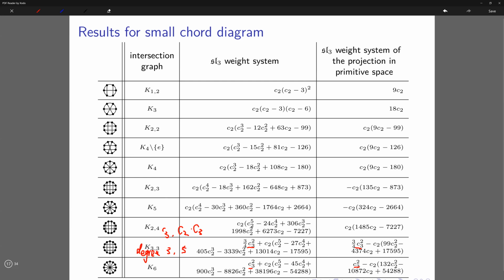Actually, there is no odd degree term that would appear in the weight system. So the smallest term contains C3 squared. This is why C3 appears at chord diagram degree larger or equal to 6.